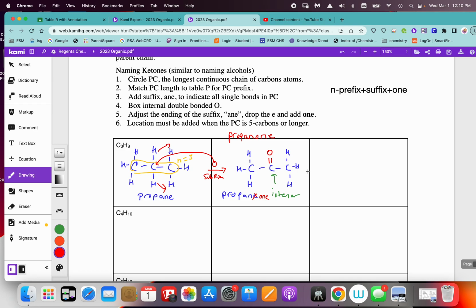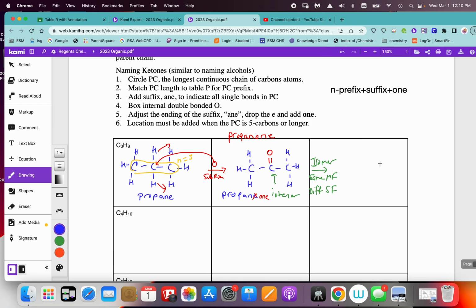Now, take a look. There are more carbons in this chain. What if I create an isomer? An isomer has the same molecular formula, but a different structure. So I'm going to write myself a note. Same molecular formula, but a different structural formula. And all I'm going to do is move this double bonded oxygen one place to the right.